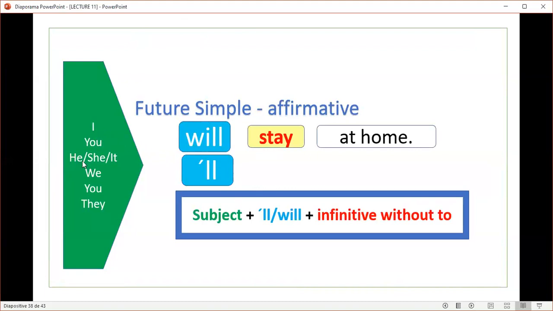I, you, he, she, it, we, you, they will stay at home. Okay? So you always have subject plus will plus infinitive without to. I will stay at home. You will stay at home. Okay? You always have will plus infinitive without to. Okay?